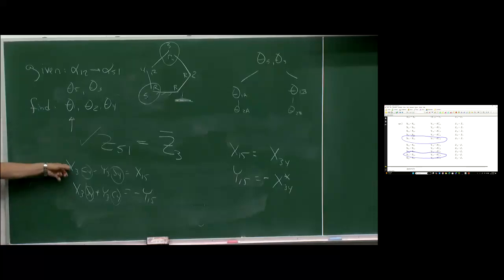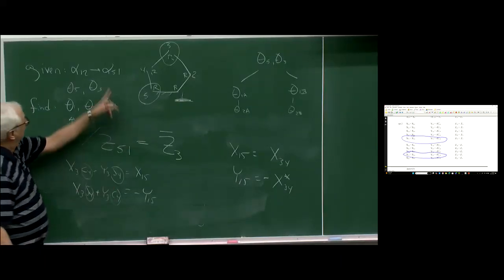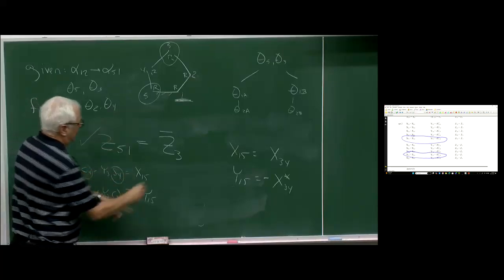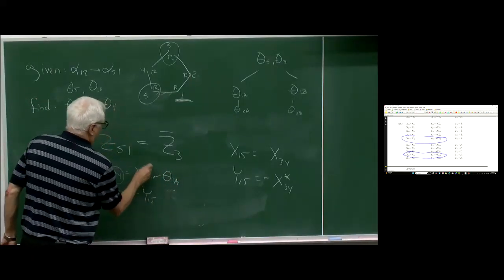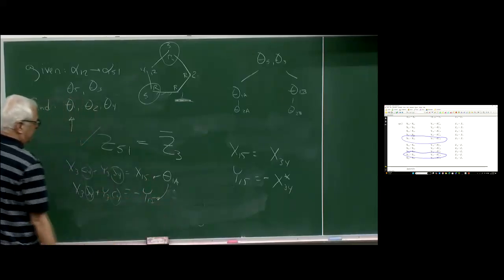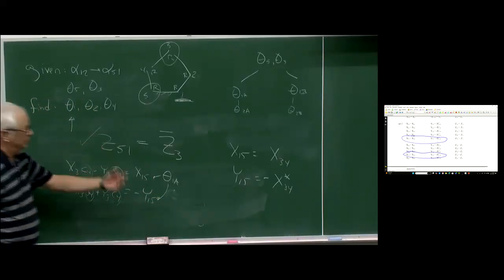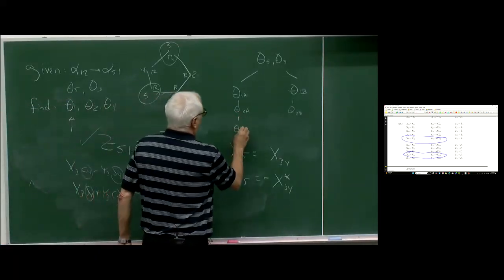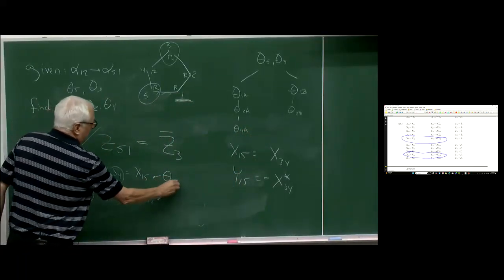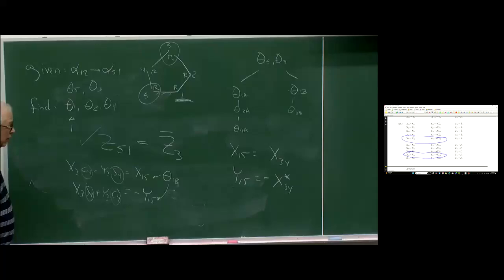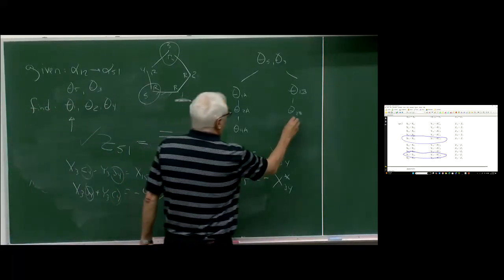I take the given theta 3 and x3, y3, and evaluate to numbers. Over here, theta 5 is given, but I'm going to take theta 1a and evaluate that as a number, and evaluate that as a number for the A case. Boom. Same two equations, but now I'm going to take theta 1b and evaluate the x15 and y15, and boom. And we're done.